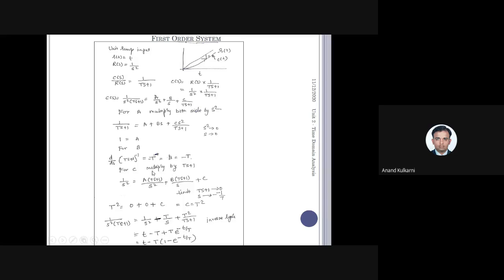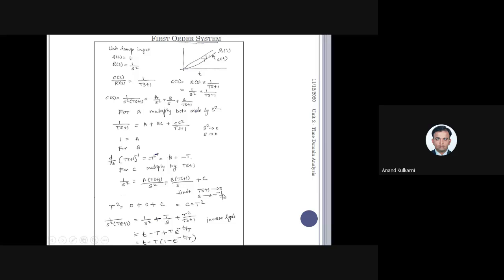For C, same procedure: multiply both sides by the denominator of C, that is Ts plus 1. 1 upon s square will remain on the left hand side. A will vanish, B will vanish, only C will be possible. And now you have to substitute the denominator of C tending to 0, that is Ts plus 1 tending to 0, not s tending to 0.